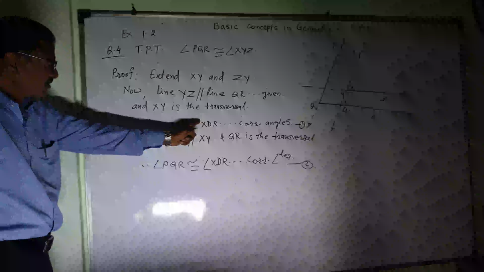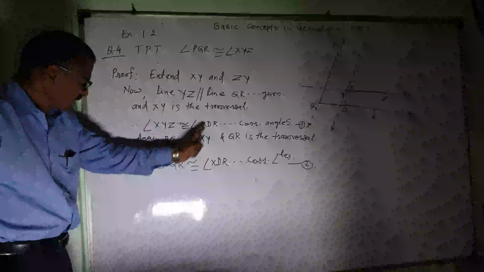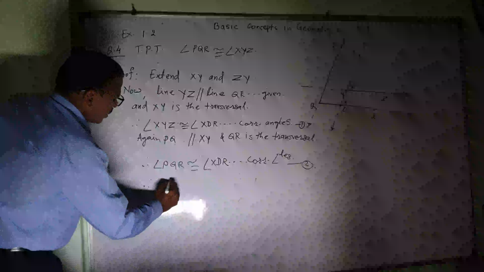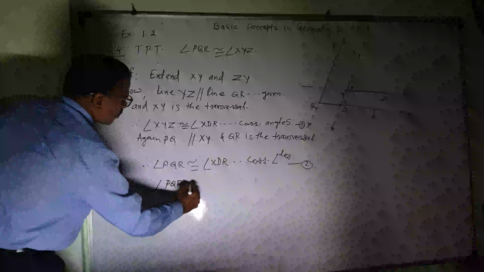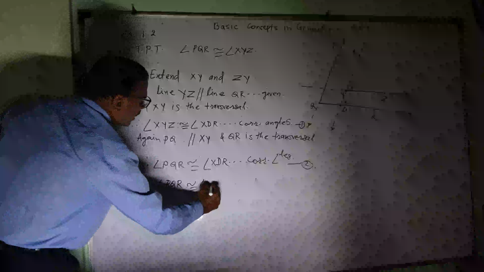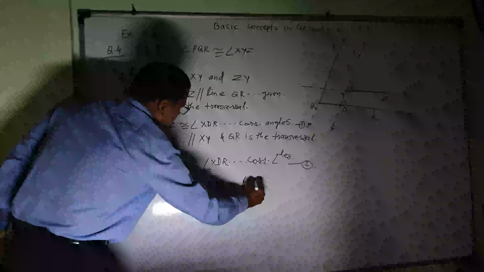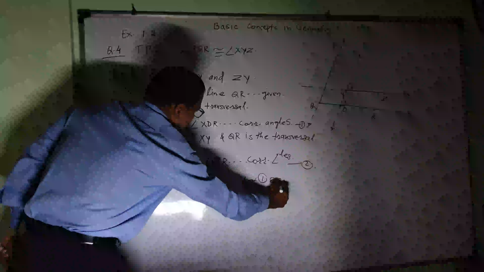Now see this, this is also XDR. So these are equal. Therefore, angle PQR is congruent to angle XYZ, from 1 and 2.